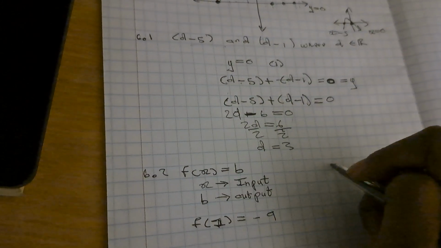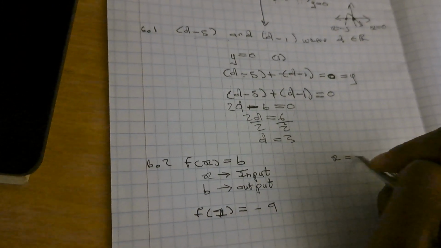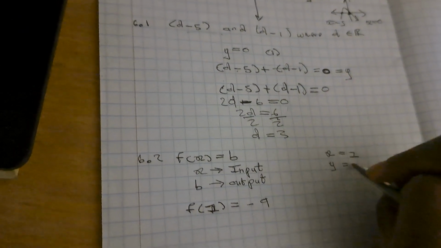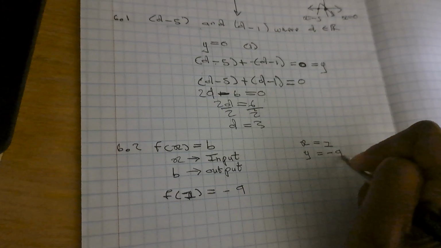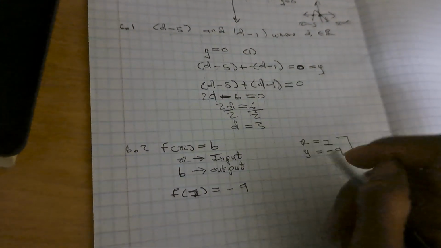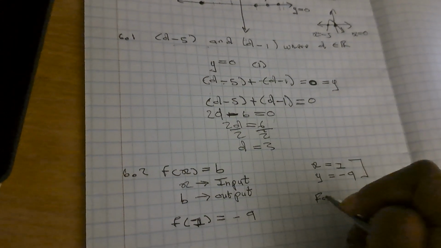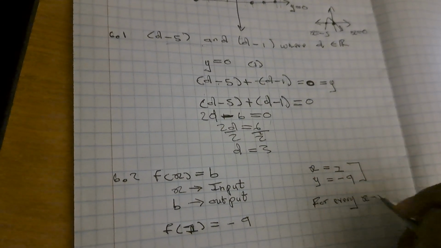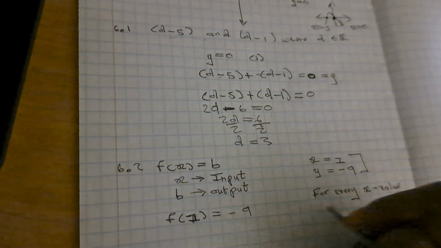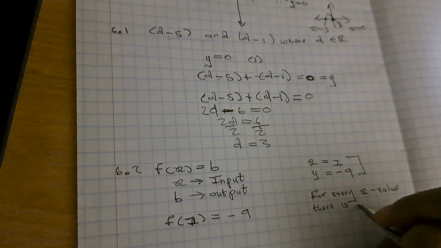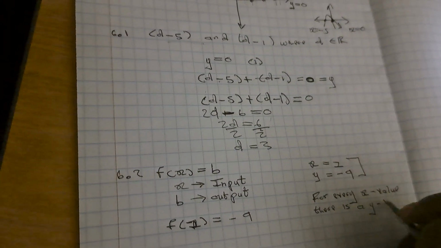You are given your x value, which is equal to 1, and your y value, which is equal to negative 9. Remember, for a function to exist, for every x value there is a y value.